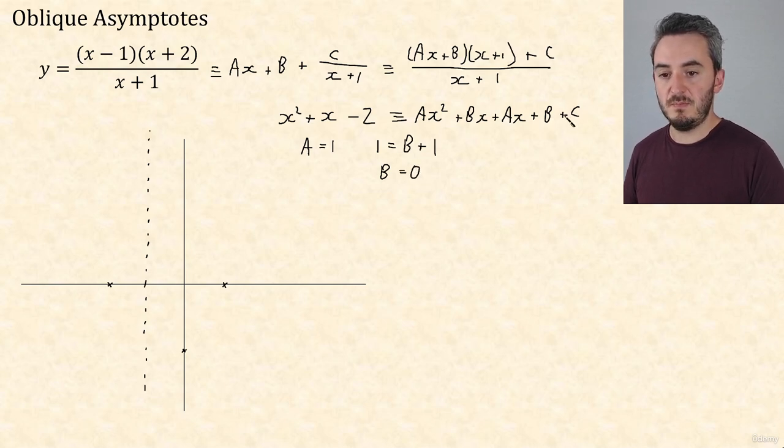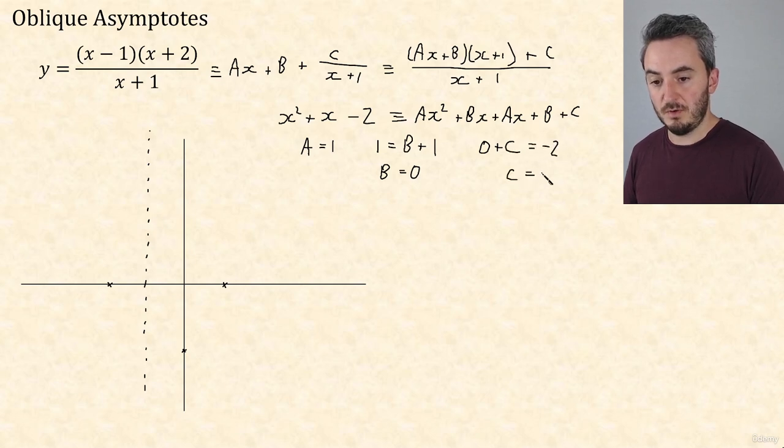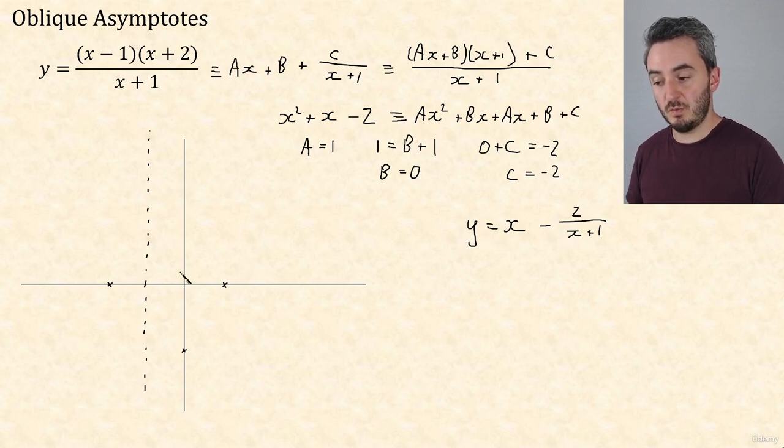I also have that b plus c equals minus 2, so 0 plus c is minus 2, and c is therefore minus 2. So my function can be written as 1x plus 0 minus 2 over x plus 1. As x tends to infinity, this bit disappears, and my oblique asymptote is just y equals x. So let's put that in.